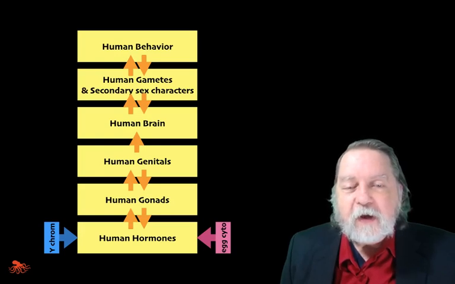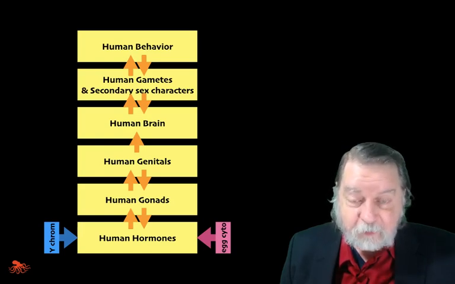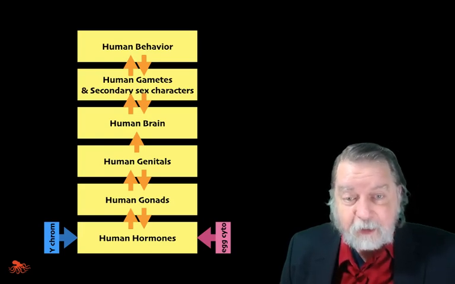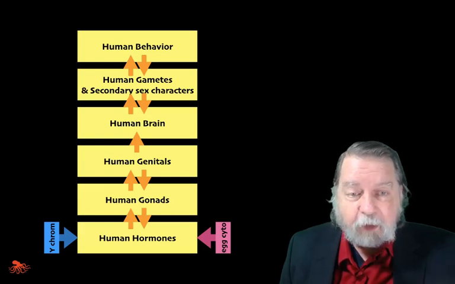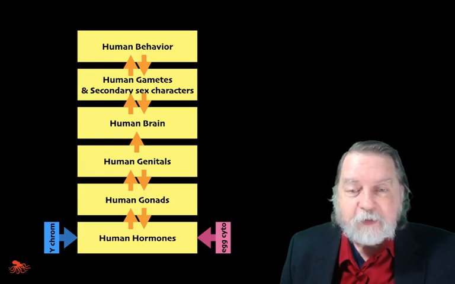So what's going on in human development is the mother produces a very elaborate, very complex, very rich egg, an oocyte, that's then fertilized by the speedy, stripped down sperm, nearly empty of everything but chromosomes.